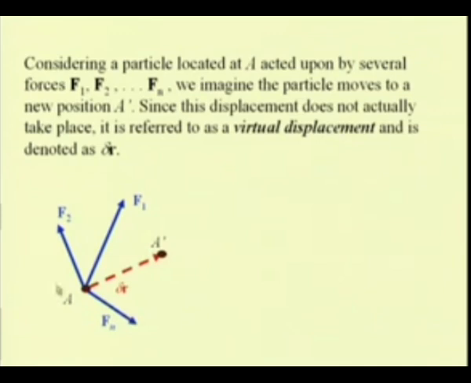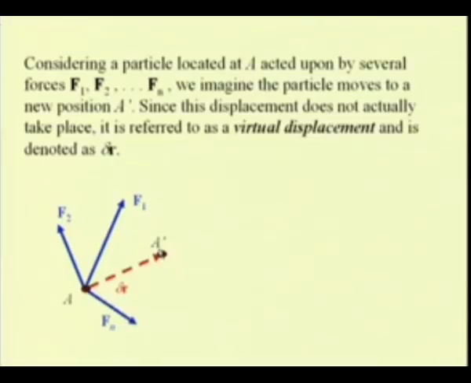If these forces are not causing the movement of this particle A, so there is no real displacement, but we imagine that such a displacement is taking place. In this way we define the concept of virtual displacement.